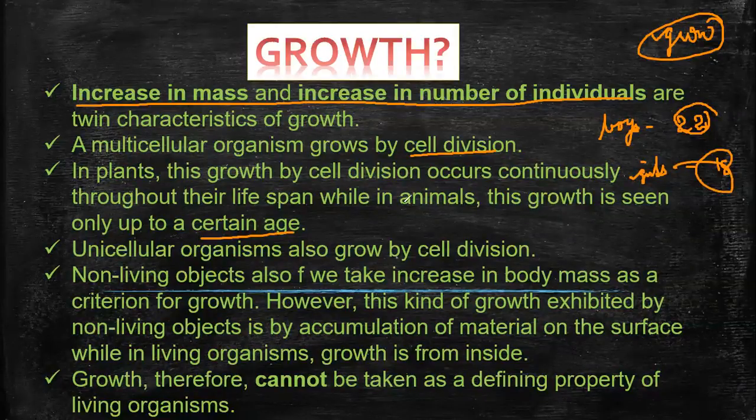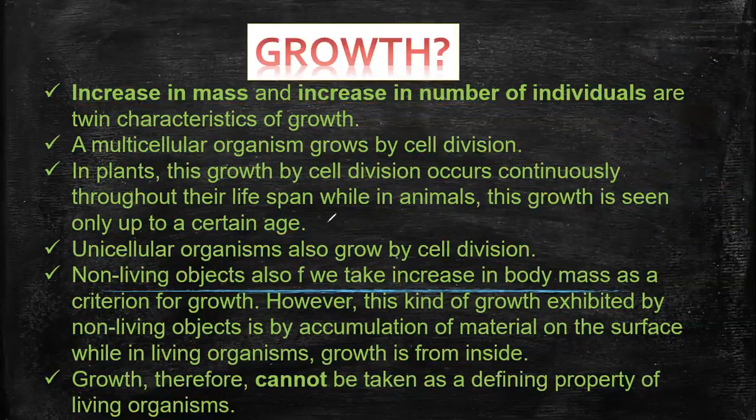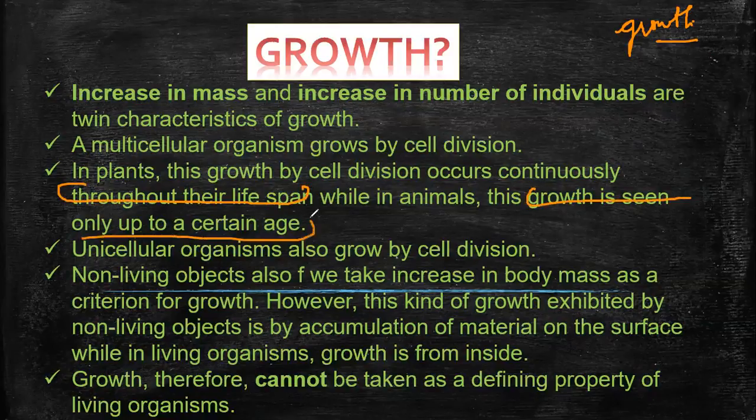This is the difference between plants and animals on the basis of growth. Important point: in plants, growth occurs throughout their lifespan, whereas in animals it is seen only up to a certain age. Very basic points. Unicellular organisms also grow by cell division.